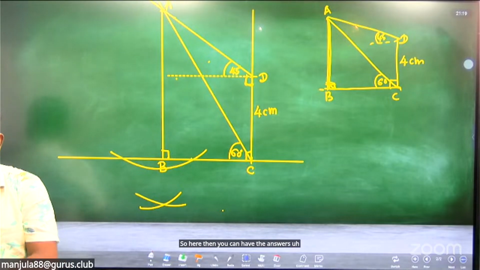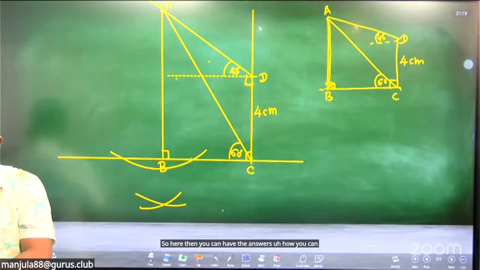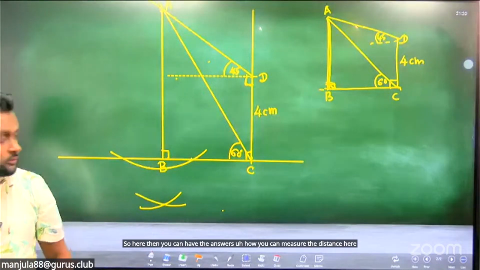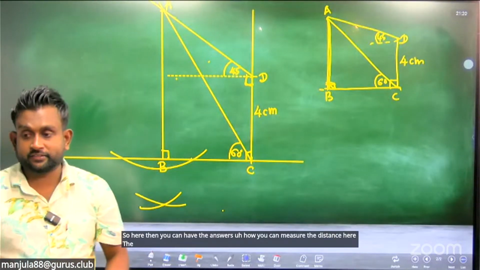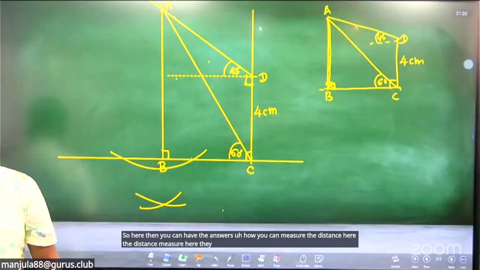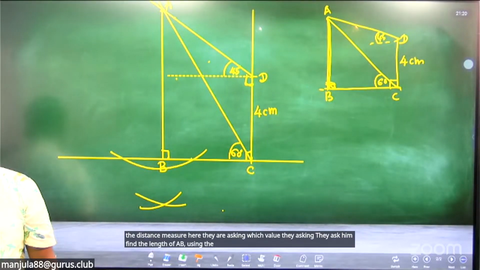How you can measure the distance here. The distance measure here, they are asking which value they are asking. They are asking, find the length of AB. Using the scale diagram, find the length of AB. What is the length of AB?